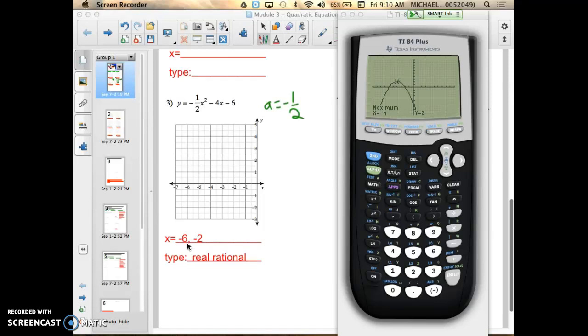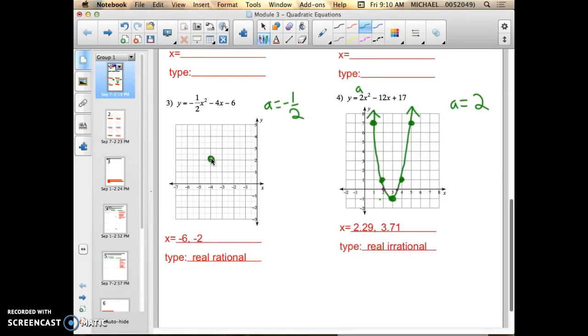So I'm going to plot my vertex, -4, 2, up to here. And the a term in this case is negative 1/2. So it used to be over 1, in this case down 1, and then over 1, down 3. But because it's 1/2, I'm dividing my down motion by 2 each time. So I'm going to go over 1, down 1/2.